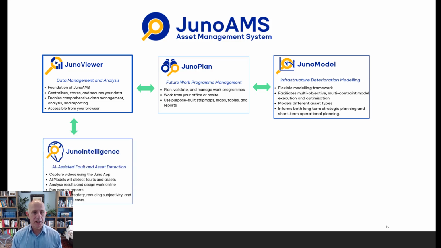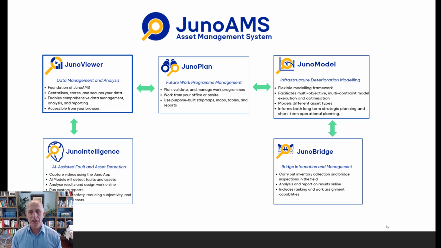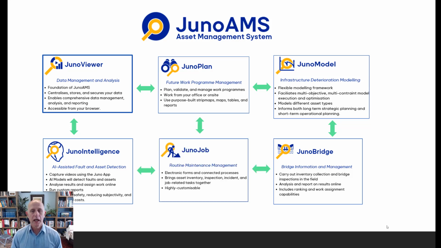Then there's Juno Intelligence, which is our AI-assisted fault and asset detection component. Juno Breach, which deals with breach data, breach inspection and breach information systems, and Juno Job, which is for routine maintenance management, managing workflow for maintenance inspections, inspection instructions, etc. So we are dealing with Cassandra, which fits into our Juno Model component.